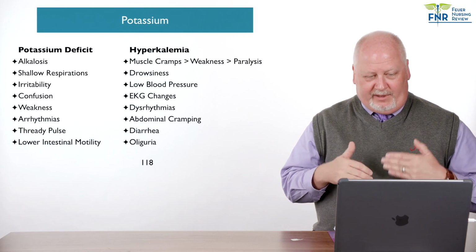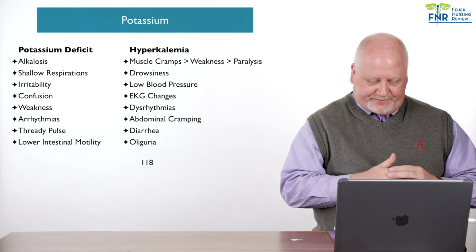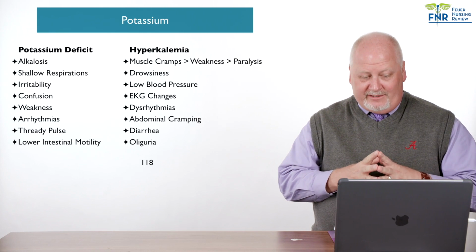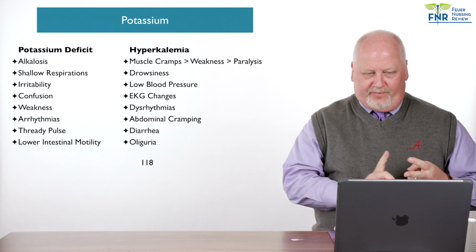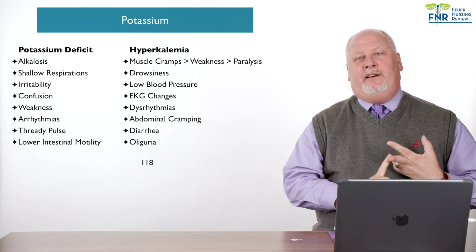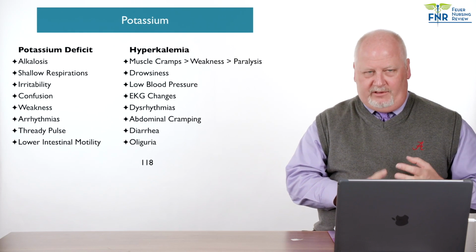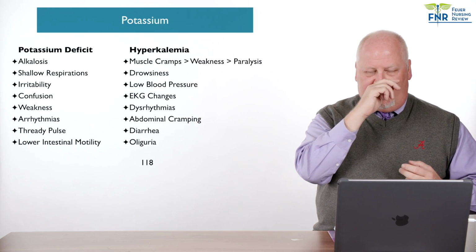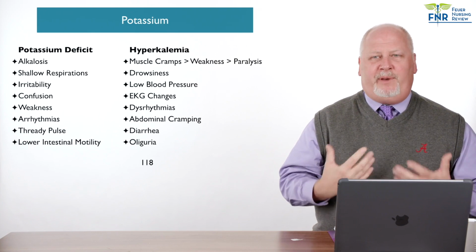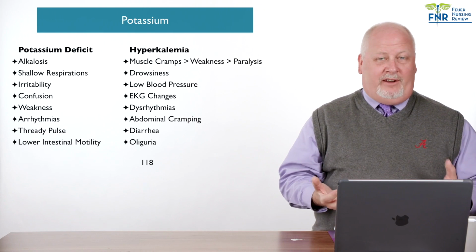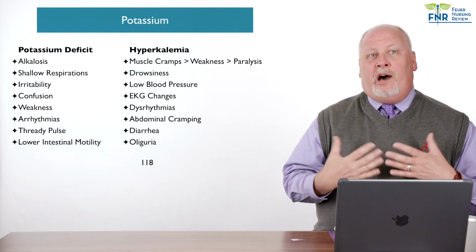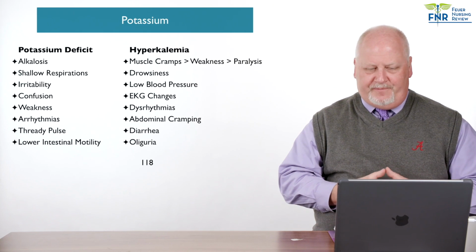With hypokalemia, or that potassium deficit, a common cause is the use of diuretics. Patients who have copious amounts of diarrhea, or patients who are vomiting a lot. So you want to make sure that if you have patients, such as your patient with C. diff, and they're having a lot of diarrhea, that you are monitoring that potassium level.